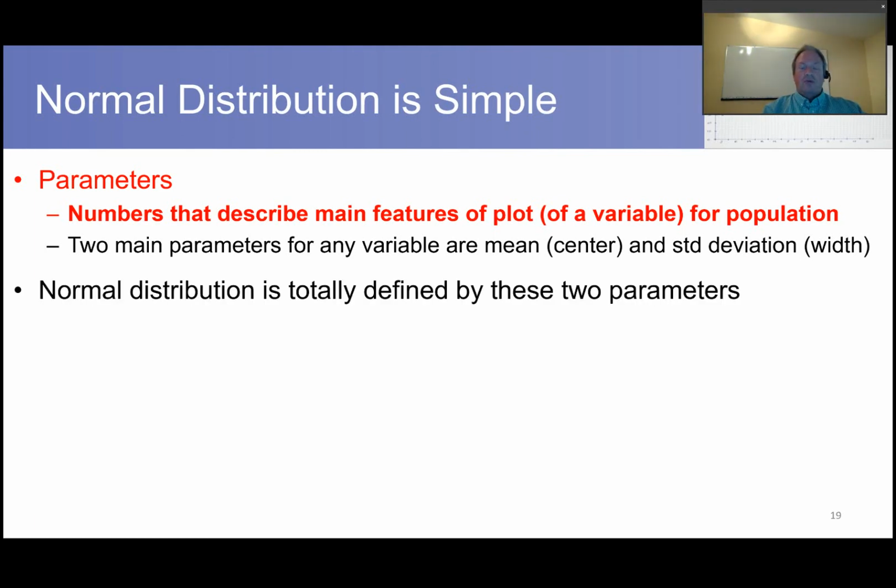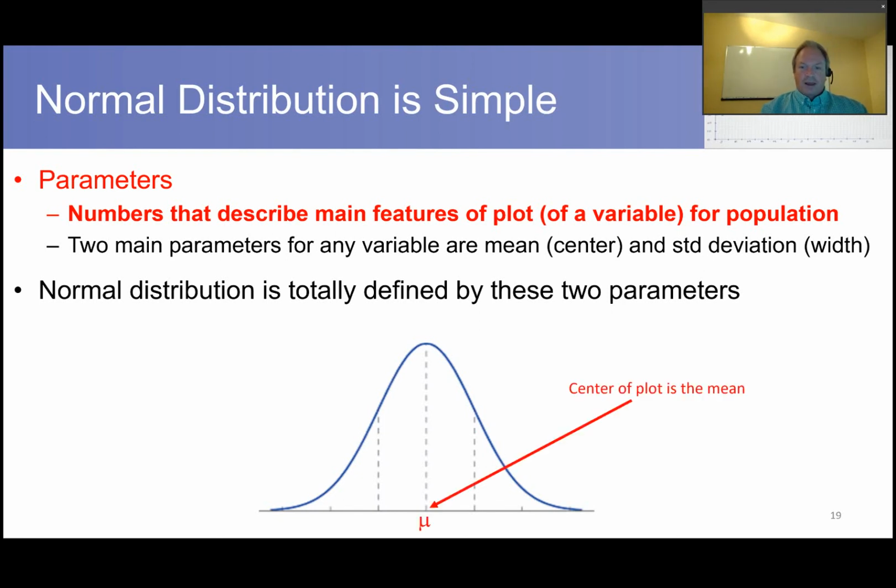These two parameters uniquely identify a specific normal distribution. The mean is denoted by the symbol mu. It looks like a U with a tail on the left, and that's the Greek letter for lowercase m. The standard deviation is given by this thing that looks like a sideways 6. It's called sigma. This is going to stand for the population standard deviation.